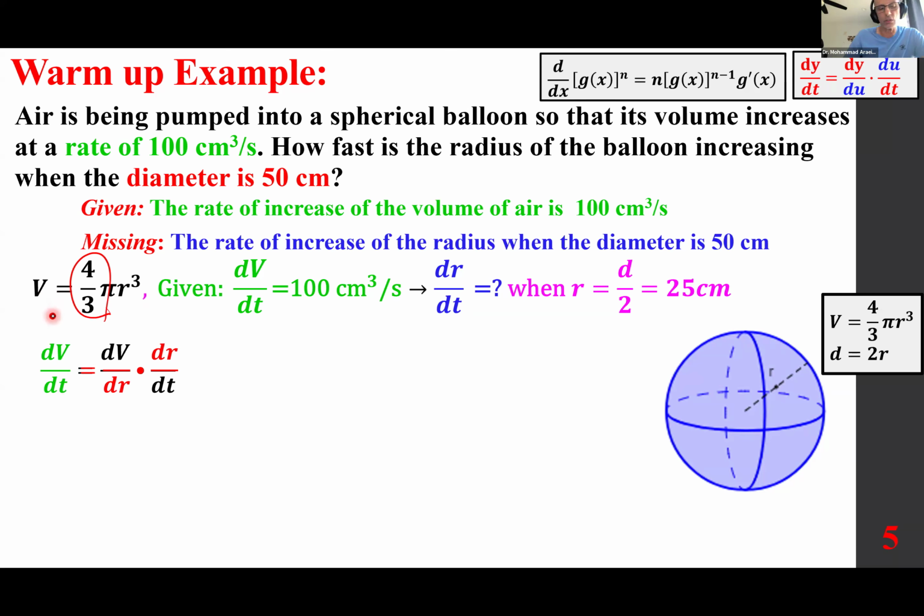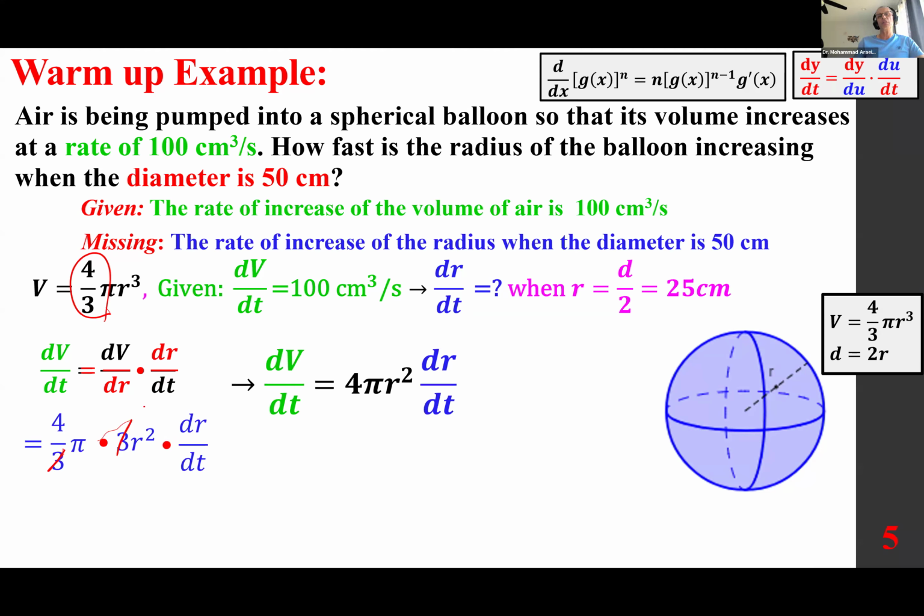So dV/dt starts with 4/3 pi. Then we are looking at r cubed, 3r squared times dr/dt. It's 4 pi r squared dr/dt. Divide both sides by 4 pi r squared.